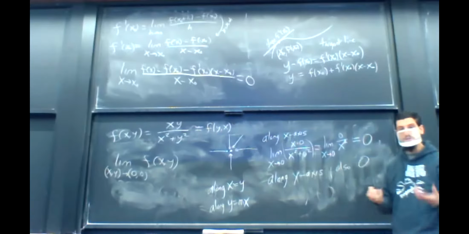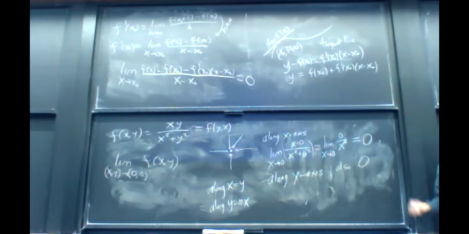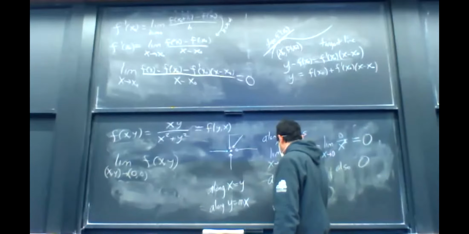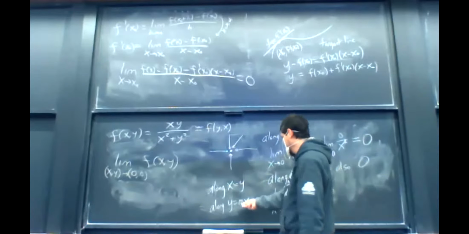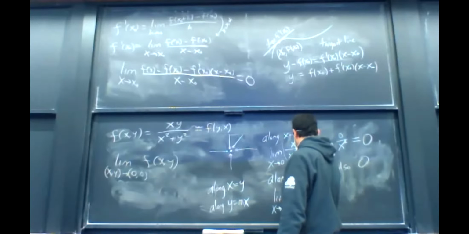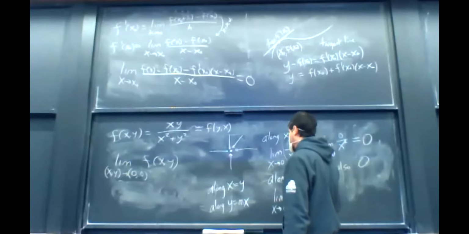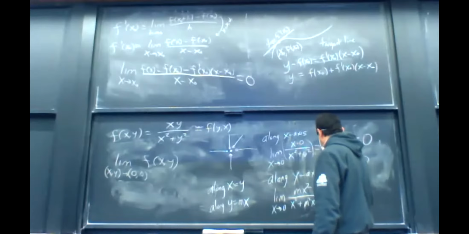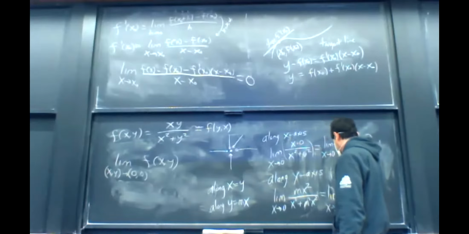And that way, by introducing that parameter m, we're trying all these lines at the same time. And now we would get the limit as x goes to 0. If y equals mx, we would have mx squared over x squared plus m squared x squared. That's the limit as x goes to 0.